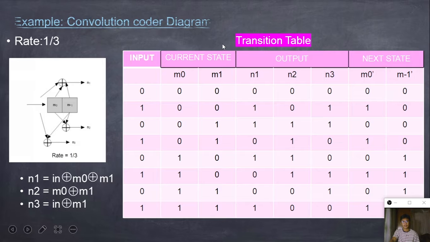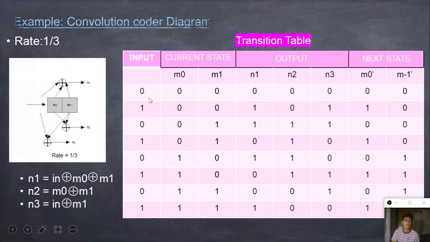For the current state, it lists four possible bit combinations, which are 00, 01, 10, and 11. The input has two possibilities, 0 and 1.